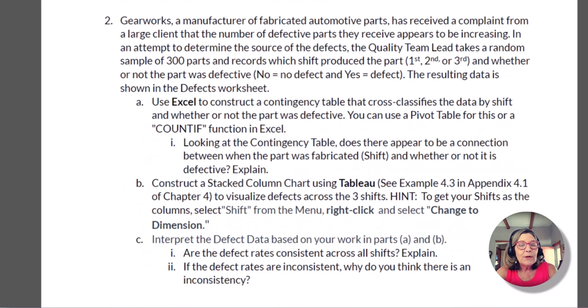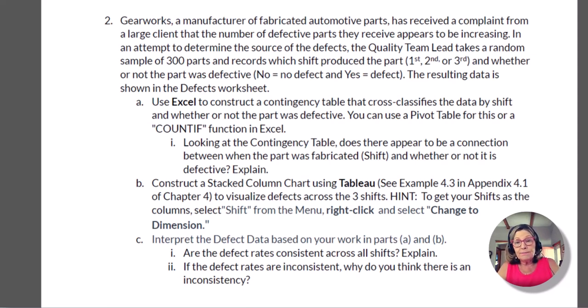So an example of the type of instructions I've given you is in number 2, we have some information on defective parts that were manufactured during 3 different shifts at Gearworks. And so for this one, in part A, you're going to use Excel to construct a contingency table that cross-classifies the data by shift and whether or not the part was defective.